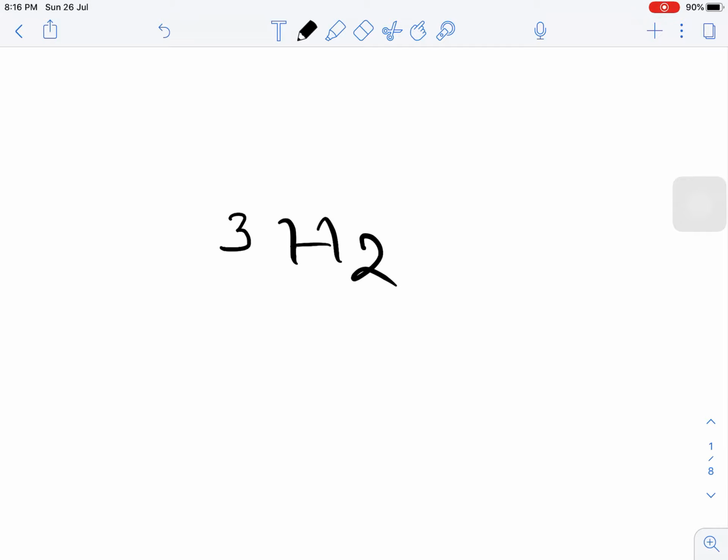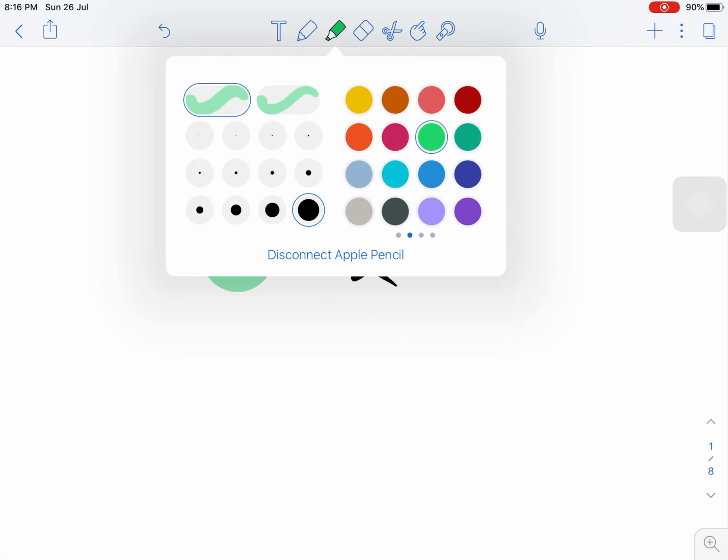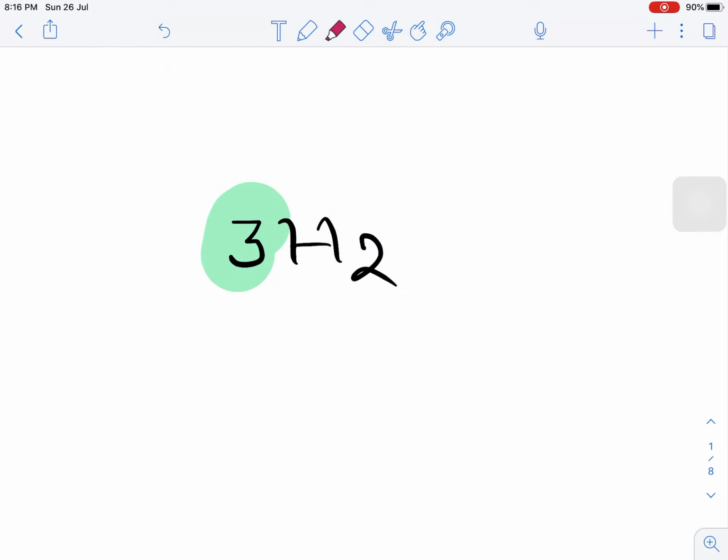First, make it clear. Now we are having two types of markings.